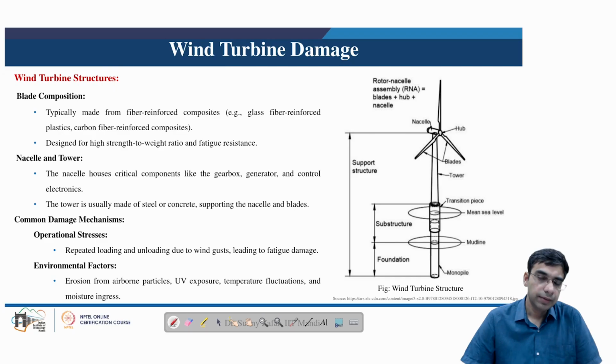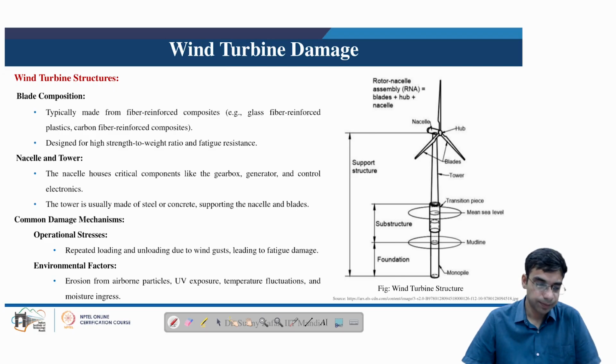Whereas the tower and the nacelle of the wind turbine are basically made up of steel, and the towers are generally made up of concrete. The nacelle, as we know, houses various critical components of the wind turbine, which include the generator, gearbox, and control electronics.